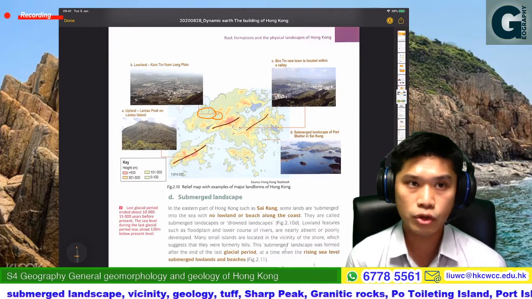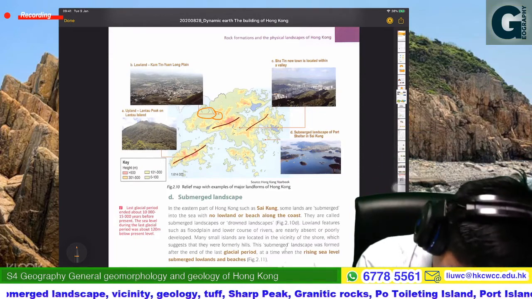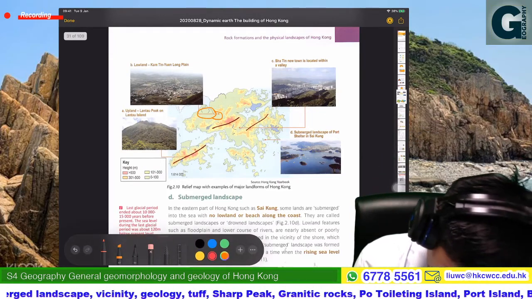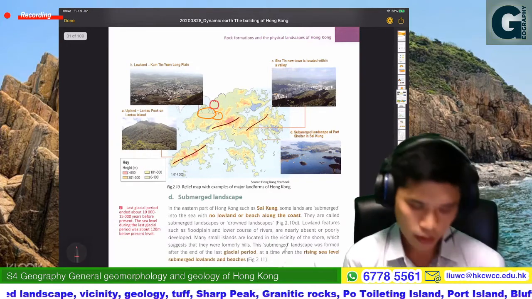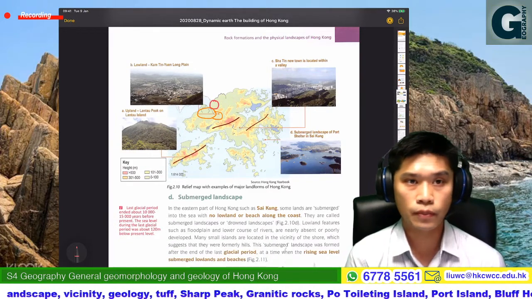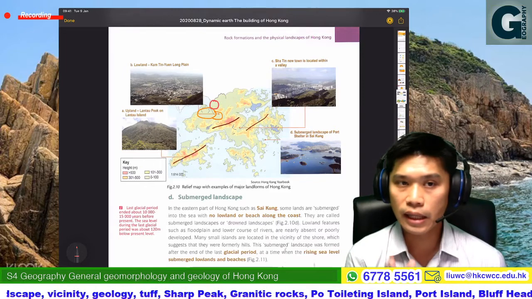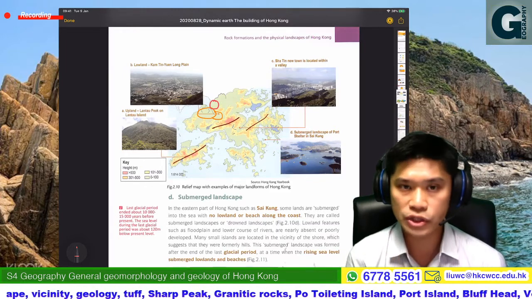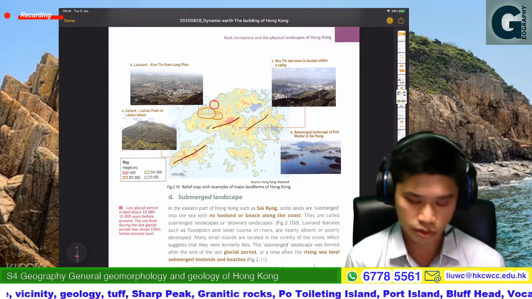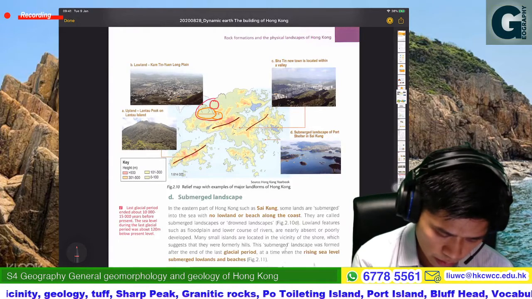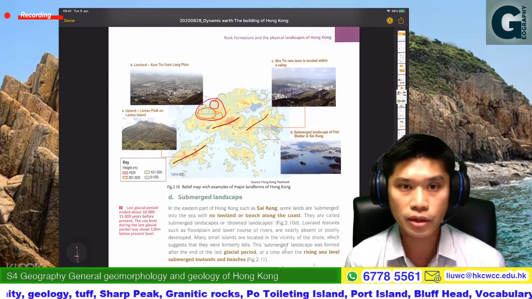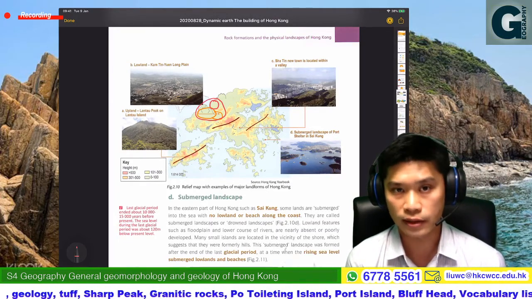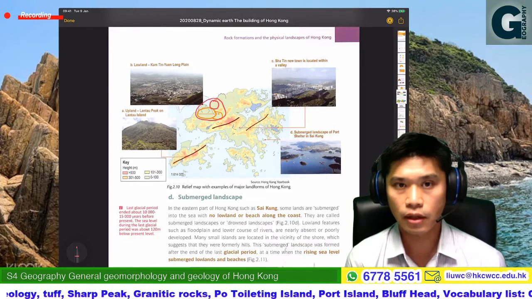And then the coastal plain, Mai Po, that would be this part. So in the northwestern part of the New Territories, that would be the major flatland or the lowland in Hong Kong.